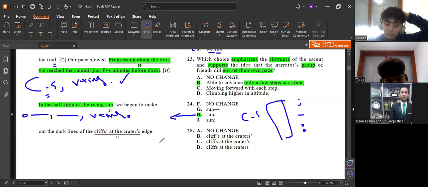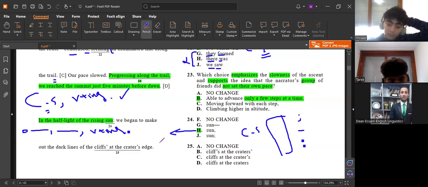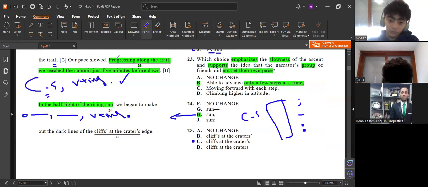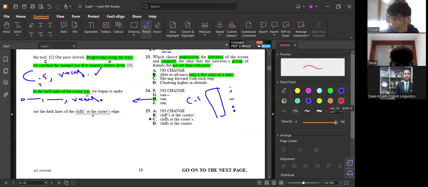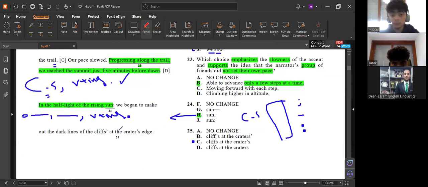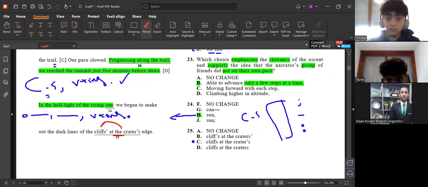Now for 25, what's yours? For 25, I put C. 25C, correct. But we need to know why. Follow the rules. What's that? Is this one of cliffs?